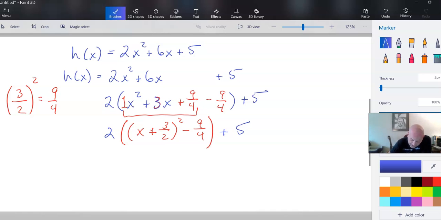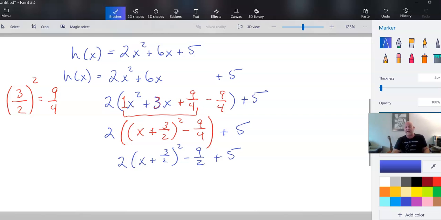Okay, so to finish this out, we're going to distribute this 2 across these parentheses, not the square. It's just going to sit in front of the square. So we'll have 2 times (x + 3/2) squared, and then 2 times negative 9/4 is negative 9/2, right? So we distributed that 2, which means we've used the parentheses. Now I can add 5.